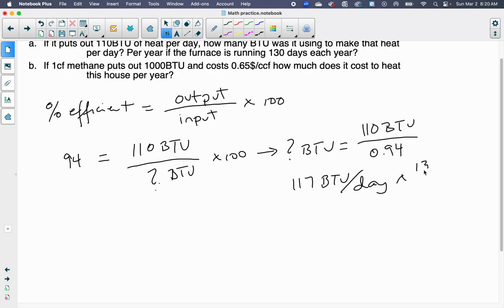Times 130 days per year, which will let us calculate that out to, if that was 117 BTUs per day, we're actually going to be using 15,210 BTUs per year. And then we could find out how much it costs.